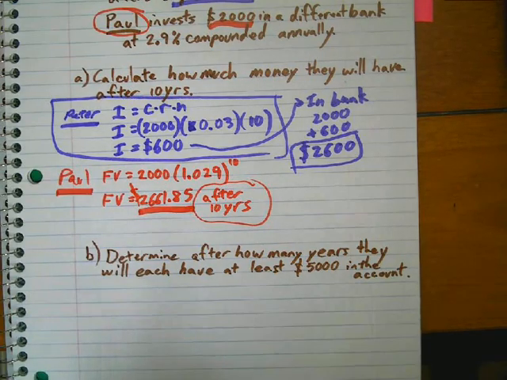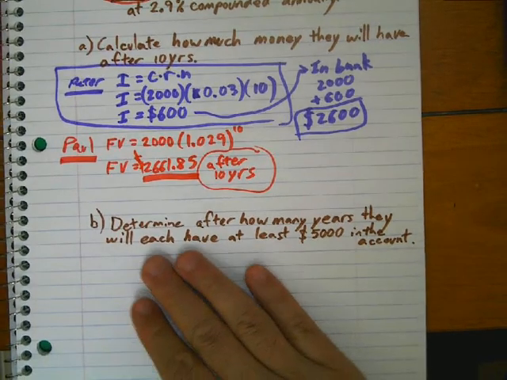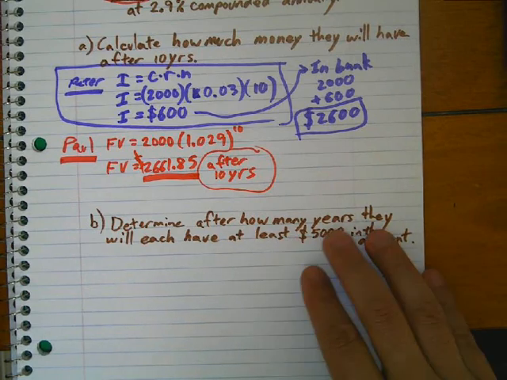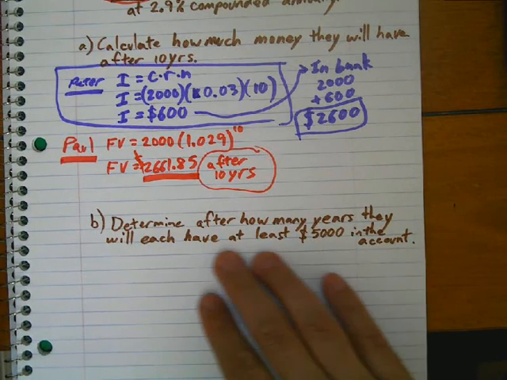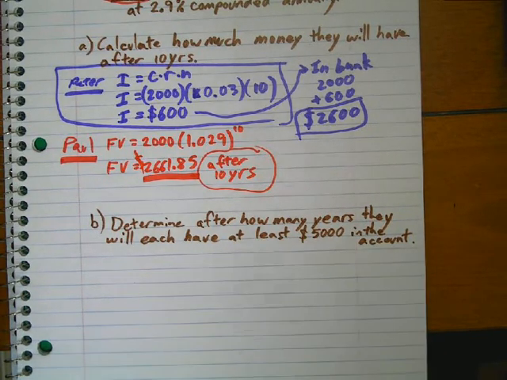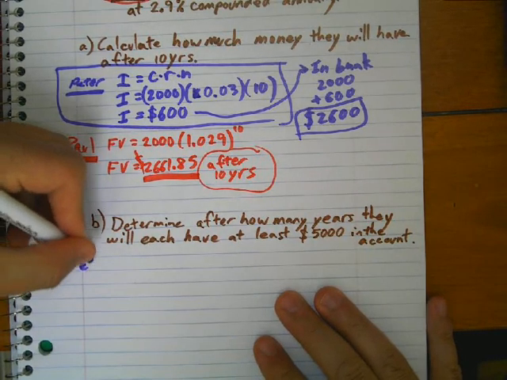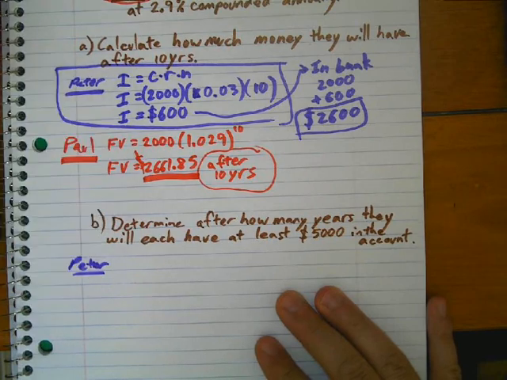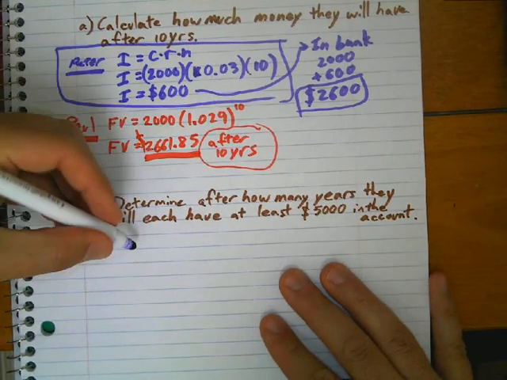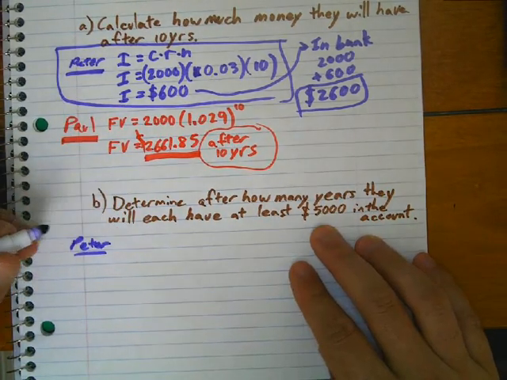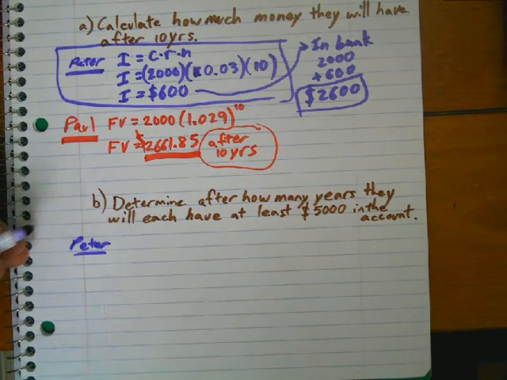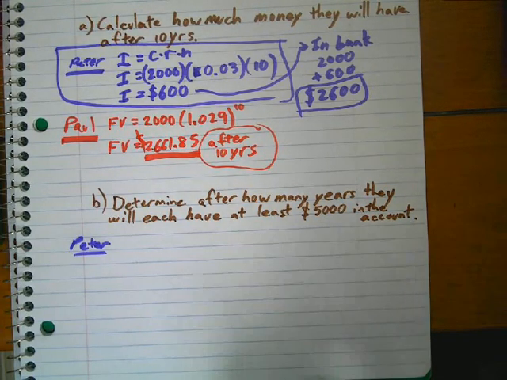Okay, part 2. Determine after how many years they will have at least $5,000 in the account. So what I'm going to be doing here is let's work on Peter first. So for Peter, we want to know when he's going to have 5,000.